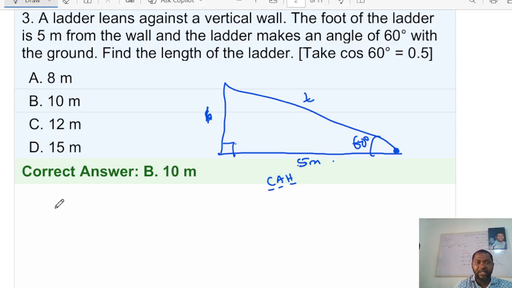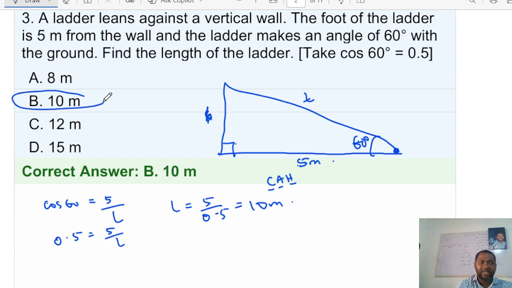So I'm going to write here that cos 60 is equal to the adjacent, which is 5, over the hypotenuse, L, the length of the ladder. So cos 60, which is 0.5, is equal to 5 over L. And if I cross multiply, L is going to be equal to 5 divided by 0.5, and that is going to give us 10 meters. So B is the answer to this question. You see, quite easy, right?